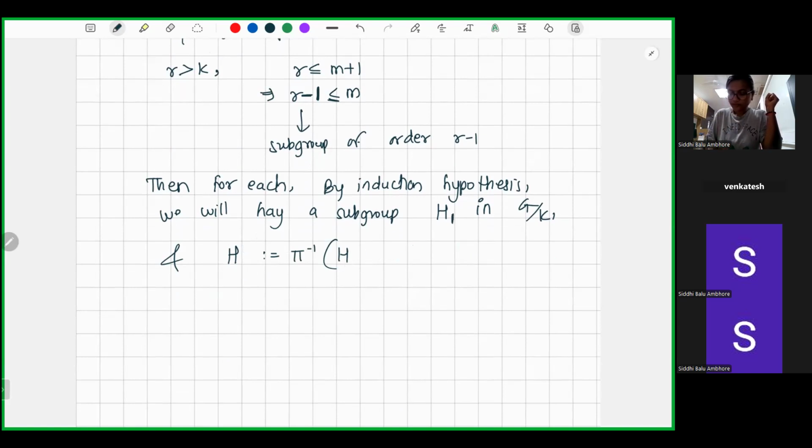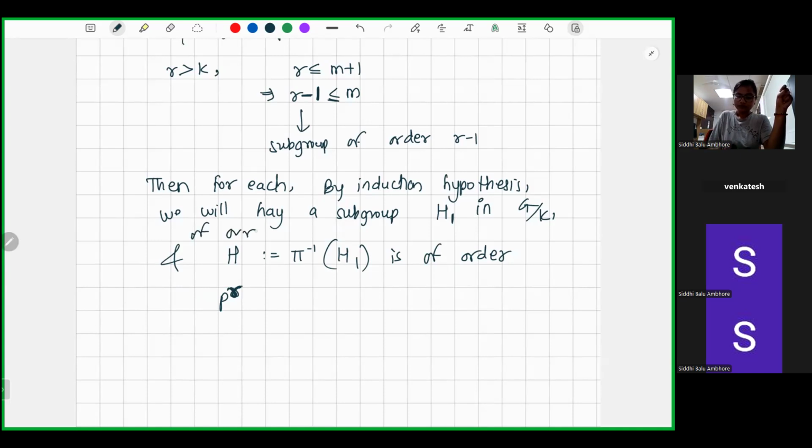This H here is of order p power r, because the quotient K which we got, in its pre-image, it will get added. I hope you understand that. If not, try to do this with an example.